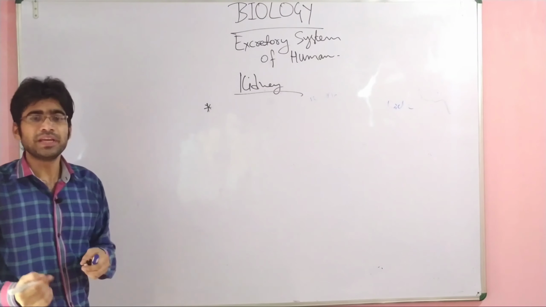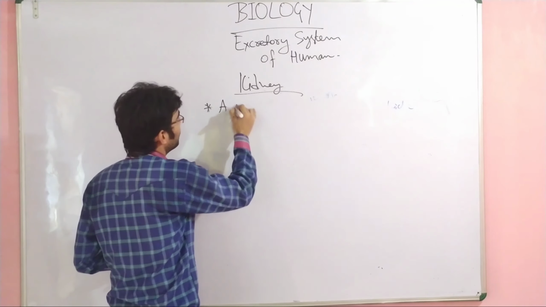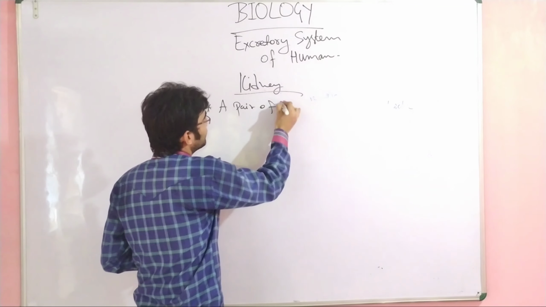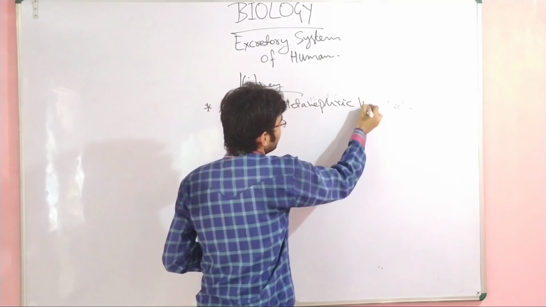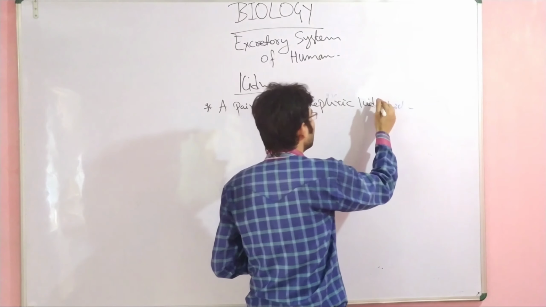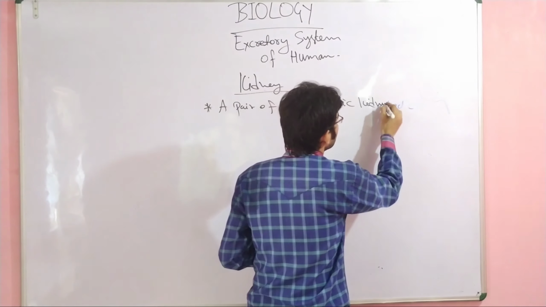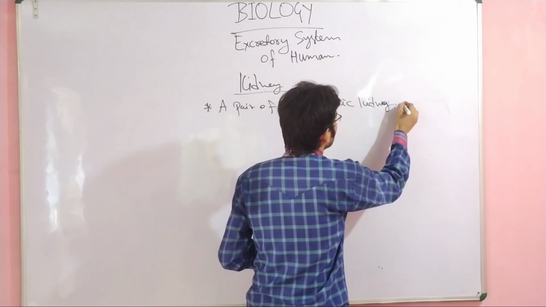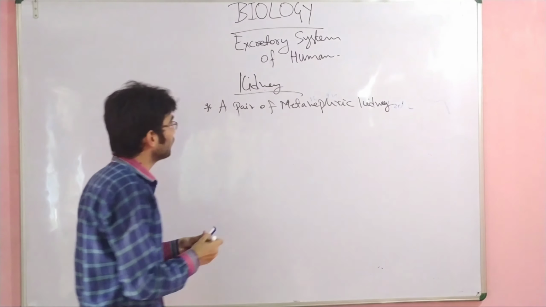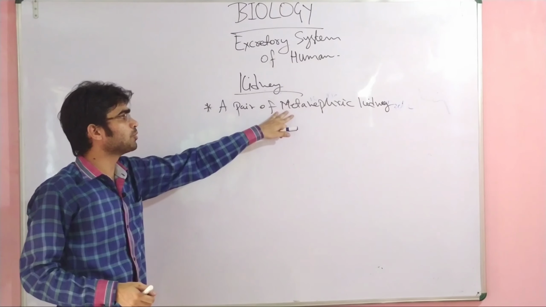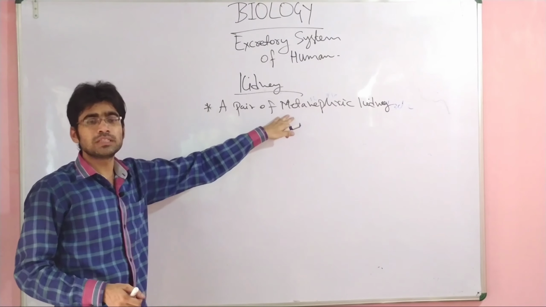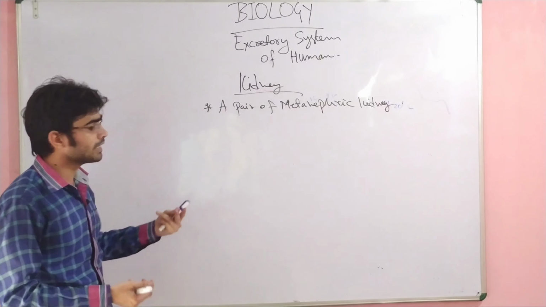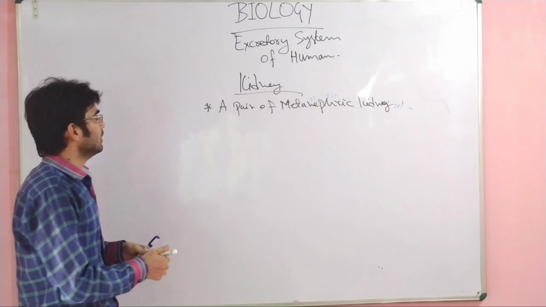First point: a pair of metanephric kidneys. Metanephric means posterior kidney, it is a highly advanced kidney, also known as the posterior kidney. Why it is known as the posterior kidney will become clear.